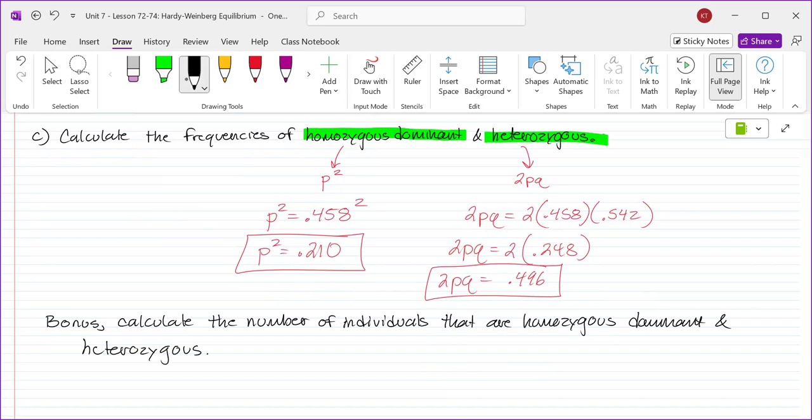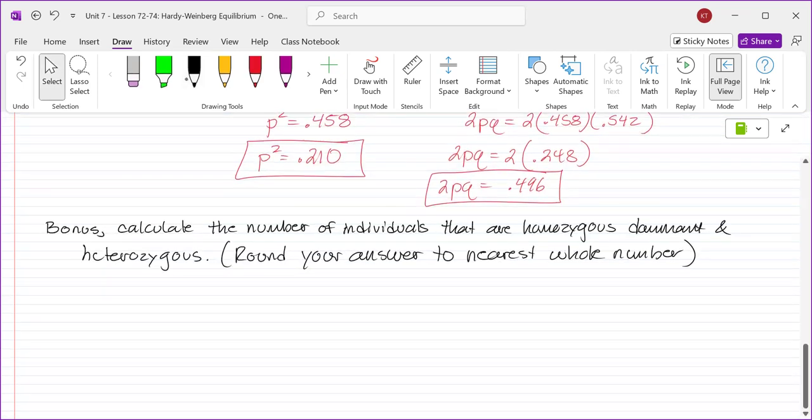I don't want frequencies anymore. Like, I want to know of those 12 people, how many are homozygous dominant? How many are heterozygous? And I need you to round your answer to the nearest whole number.